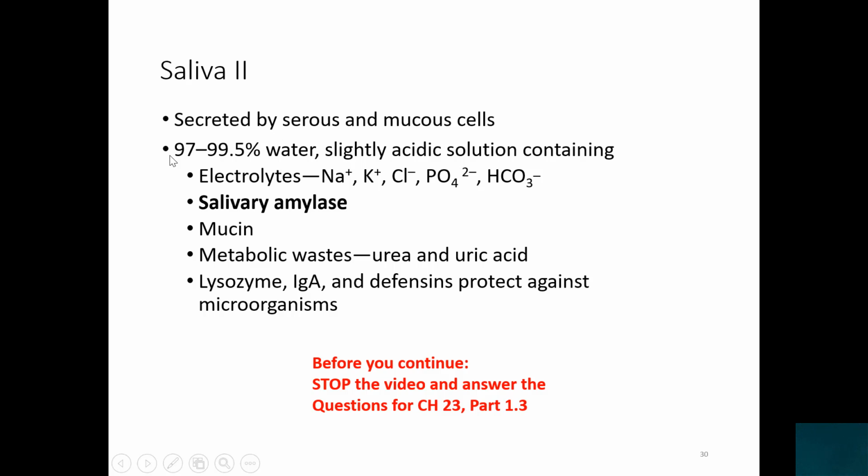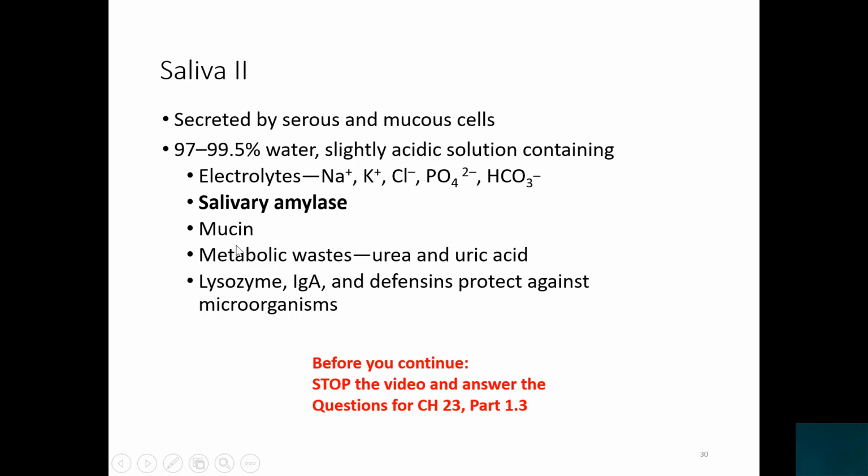So saliva, 97 to 99% of it is water, and it is very slightly acidic. It has electrolytes like sodium, potassium, and others, and it contains salivary amylase. That's important to remember. That is enzyme that starts breakdown of starches, carbs.